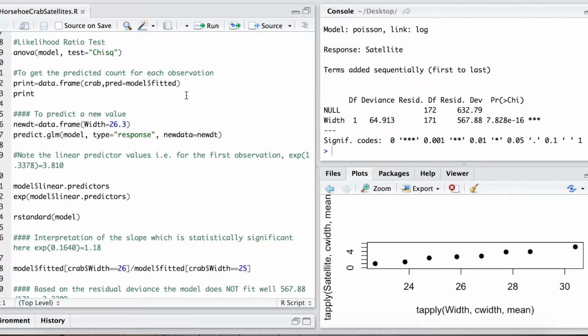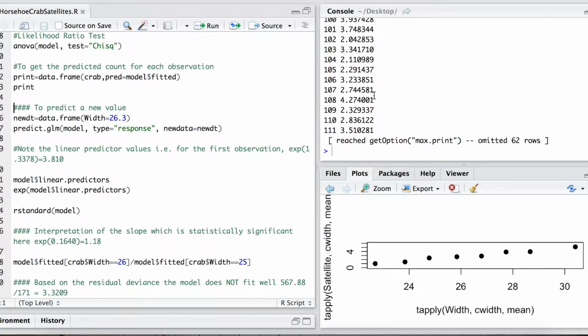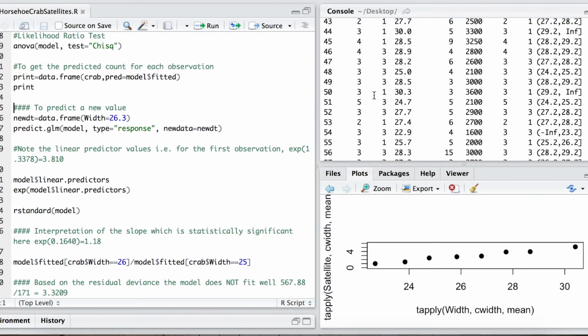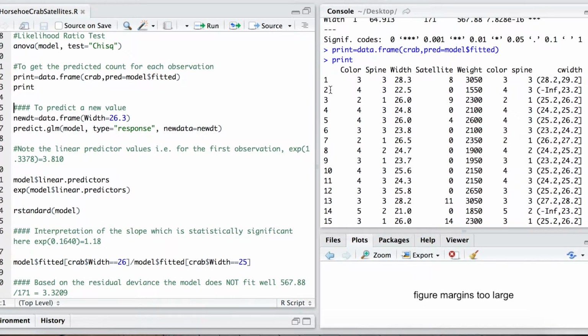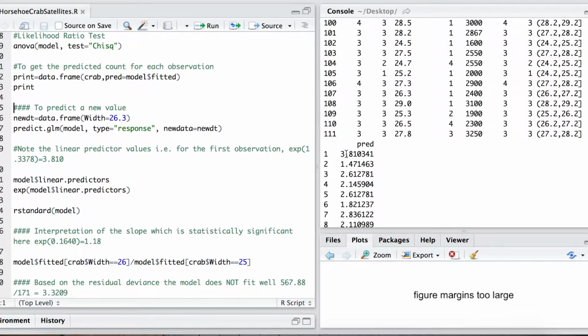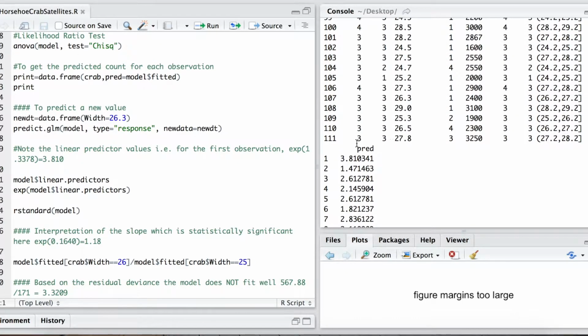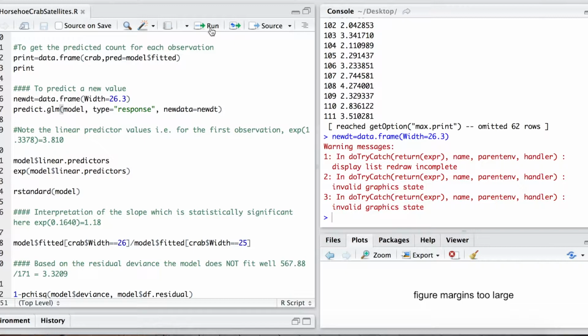Now we can get a predicted count for each observation, and it looks like this. For the first response, y1, we get the predicted value equal to 3.181, which is just by the formula e to the beta. And now we can simply predict a new value with our model.